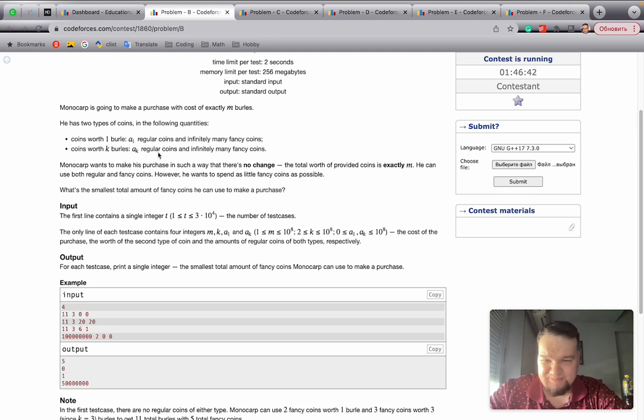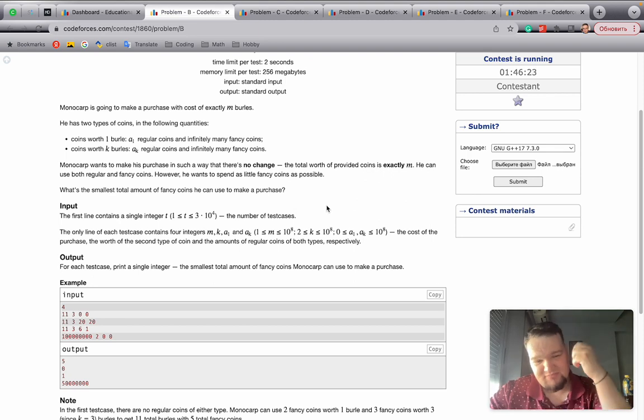So basically we will try to spend almost all regular coins worth 1. If that's enough to pay for the item, then we can just use that, and the answer is 0.